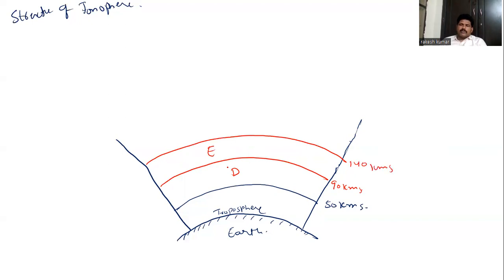After the E layer, we have the F1 layer, which extends from 140 kilometers to 250 kilometers.